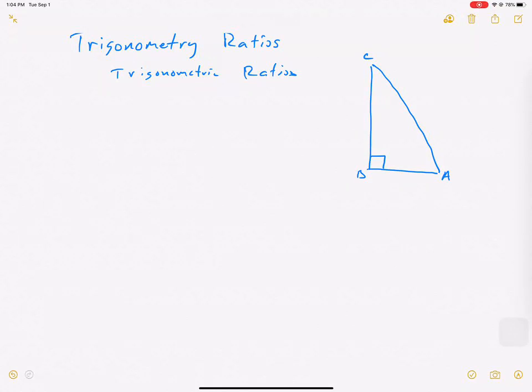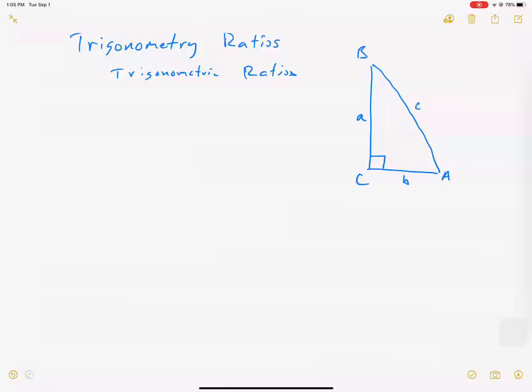I'm sorry, I made a mistake. It's easier if we do it this way: A, B, and then C is the hypotenuse. So it's going to be little c, little a, and little b. Okay, so we want to learn the terminology for what we're going to use.